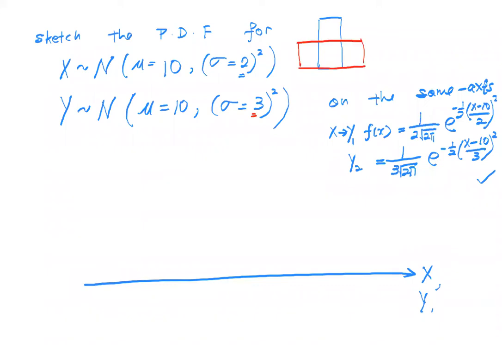You see or not? So how am I going to judge the height? I will judge the height by using the standard deviation. Now, if the standard deviation is smaller, it will be higher. So that means, you see the standard deviation of x and the standard deviation of y, it goes by the ratio of 2/3.